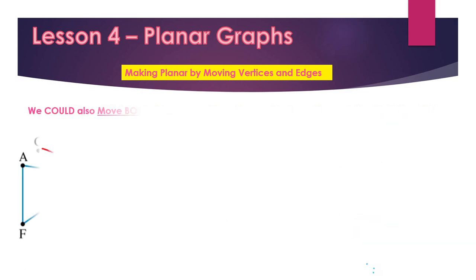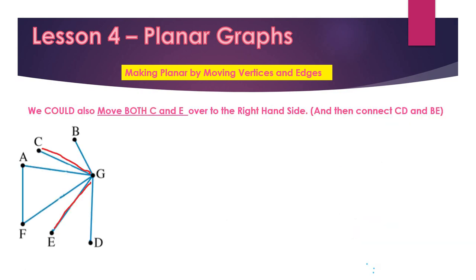That's all good. Now, there is another way of moving them as well, which you might see as the answer in some textbooks or worksheets you're doing. We can move both C and E, all right? So we're not just going to move C from its spot here. We're going to move E as well. And we're going to flip C over to this side. So we just make it do a 180 flip. And we're going to flip E from down here up to here, okay?